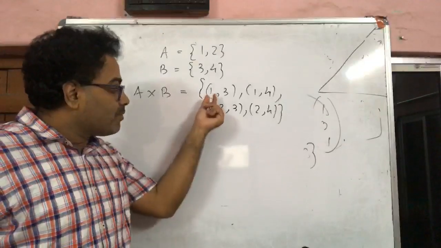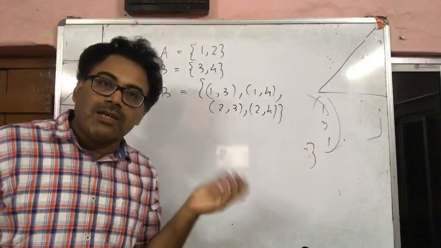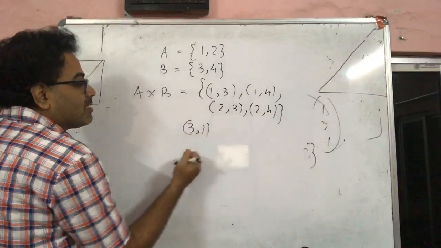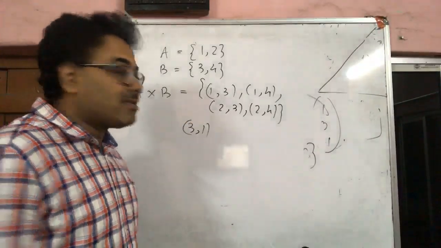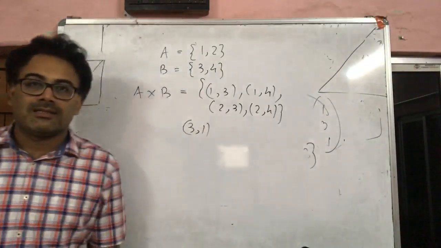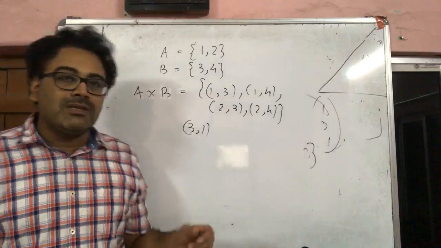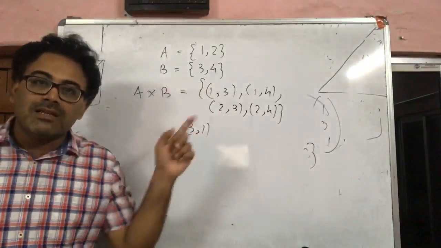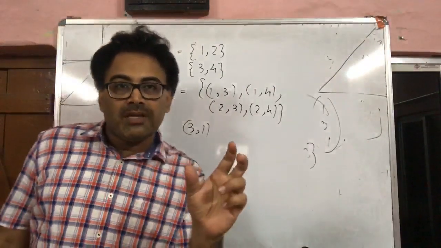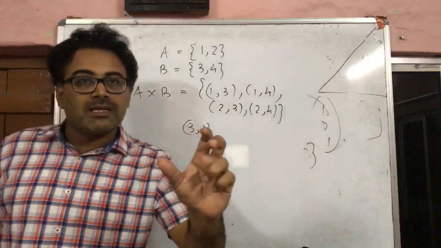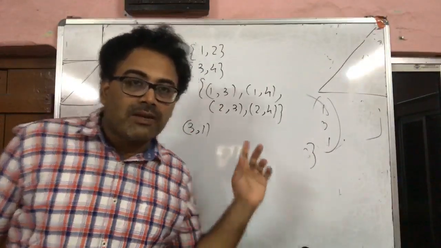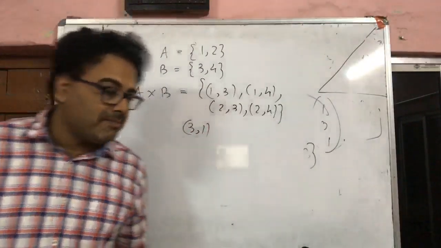Okay, so 1 is linked with 3 with that relation. So what does 3, 1 mean? 3 is more than 1, so they are not linked in the same sense. So 1 is linked with 3 with the less than relation, but 3 is linked to 1 with the greater than relation. So that's why I am saying ordered pairs, not only pairs. So A cross B and B cross A are not the same.